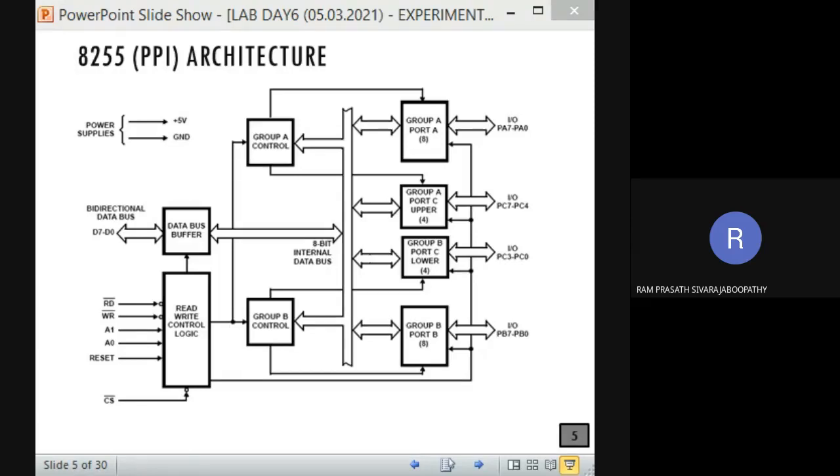Yes or no? See, when we give the 6 bits as input to the circuit, what should the circuit do? It has to provide the output logic as 0 only for this combination of input. Is it clear to all of you? Out of the 8-bit address, the first 6 bits are used to select the 8255 chip. That we call the chip select input signal.